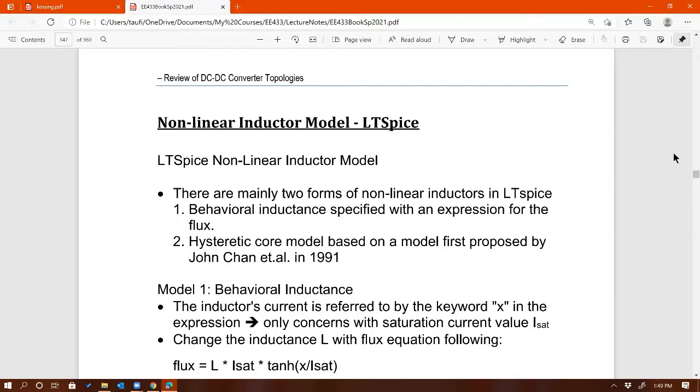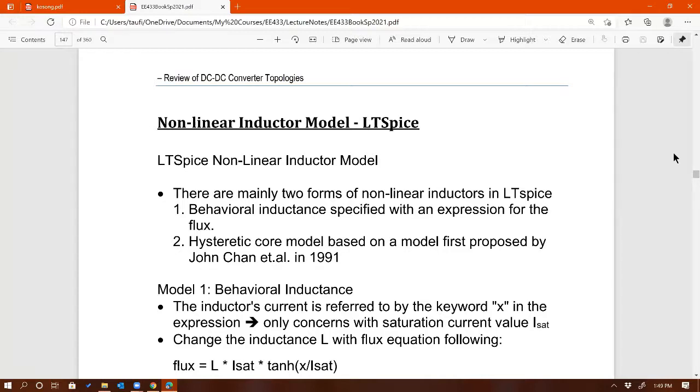So I started talking about different topologies, I believe, or not different topologies, but ways of selecting topologies, right? DC to DC converter topologies. And then I mentioned the different switching techniques, PWM, PFM. I went over the inductor current, I believe, right?